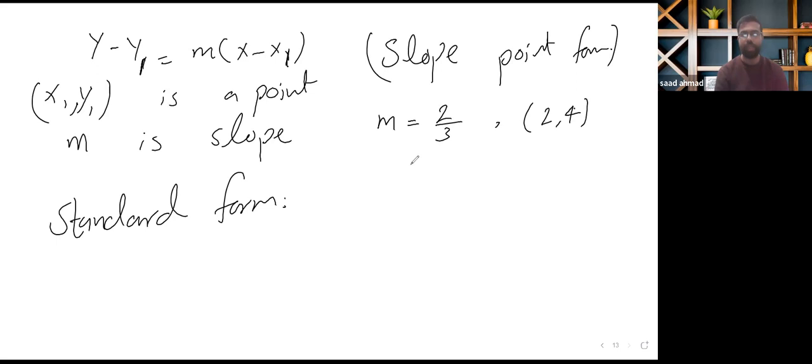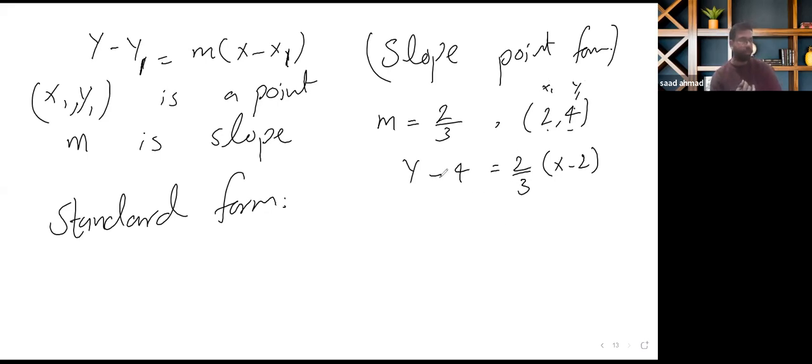So the equation that I can write for this one is y minus 4, because 4 is the y1, equals 2 over 3 into x minus 2, because 2 is the x1. This is x1, y1, and this is the slope m.